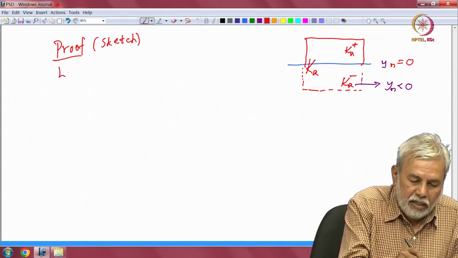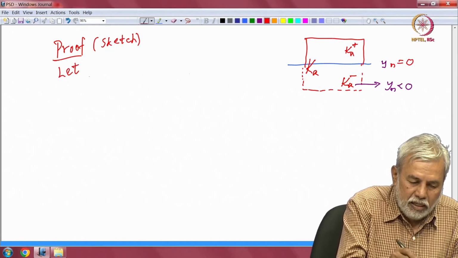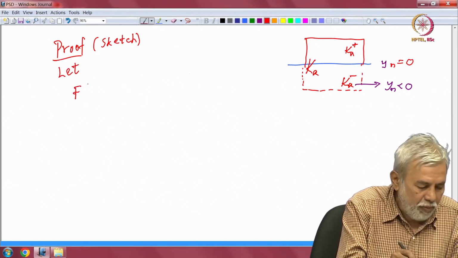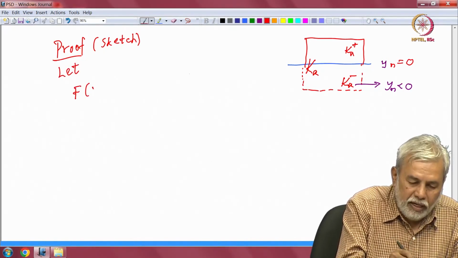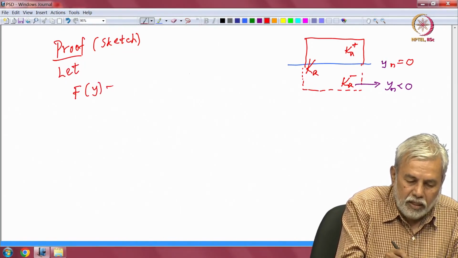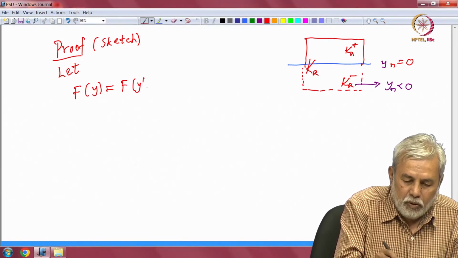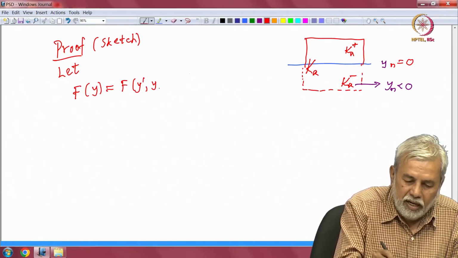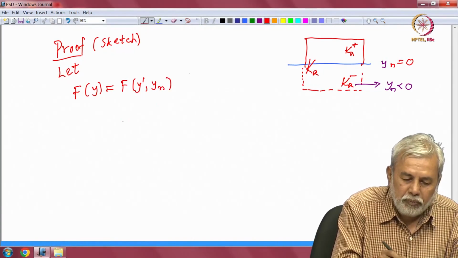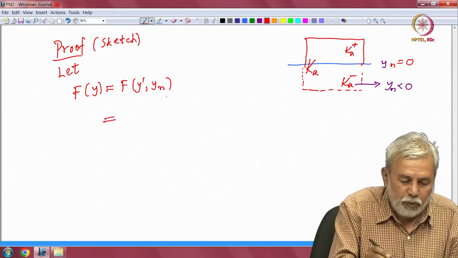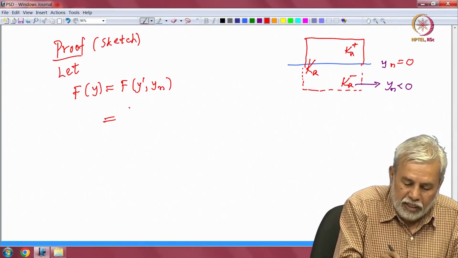So, let F of y be equal to the sum, so we are using this notation y', y_n, and it is sufficient to define this for y_n negative. So, here is the definition.